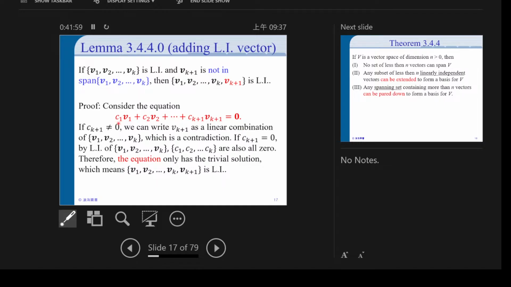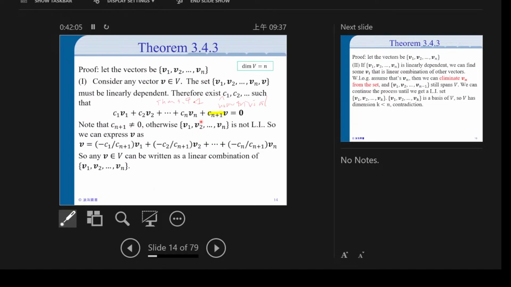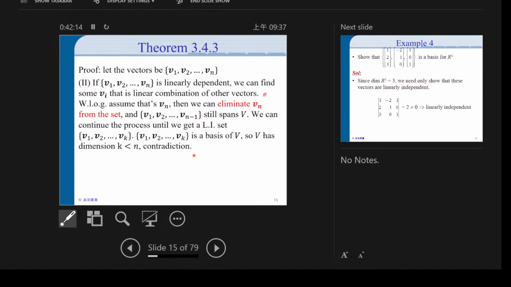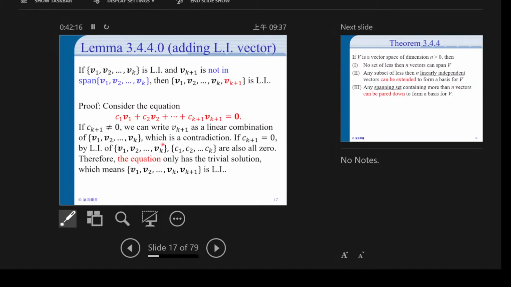So we want to solve this equation, and if c_{k+1} is not equal to 0, then we can do this thing again, and we can write v as a linear combination of others. I guess I should rewrite that equation. And so v_{k+1} is a linear combination of the others, and that contradicts v_{k+1} not being in the span of v1 to vk. Sorry about the mix up.